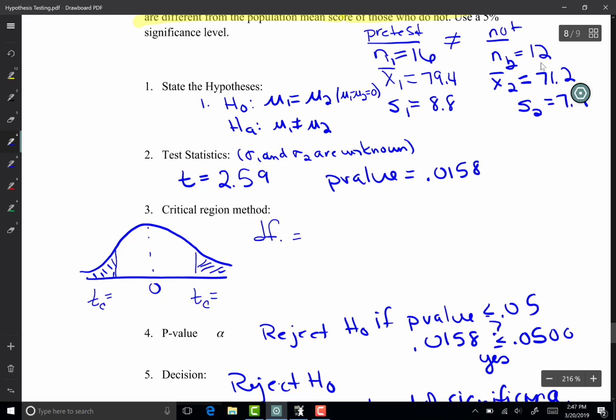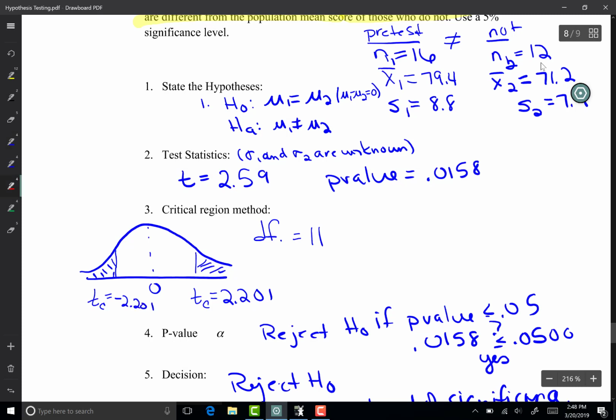So this would be 12, so our degrees of freedom would be 11 in this example. And so we look at that table: degrees of freedom 11, alpha equal to 0.05, two-tailed test, I get 2.201 and negative 2.201.